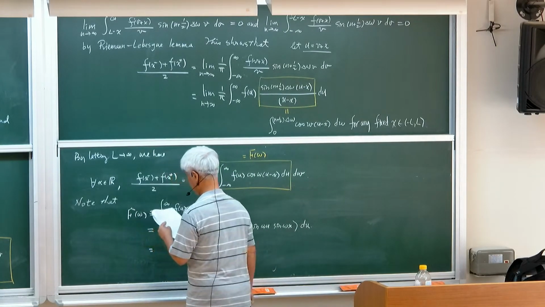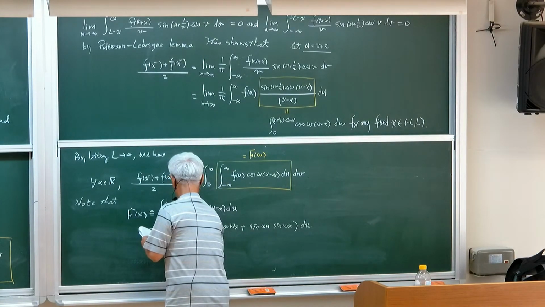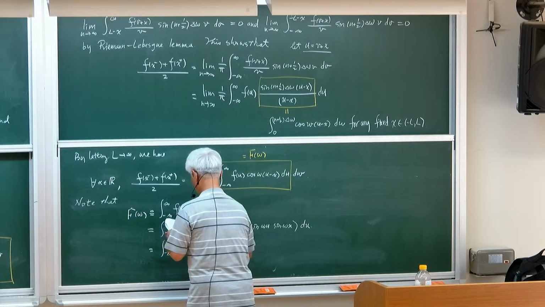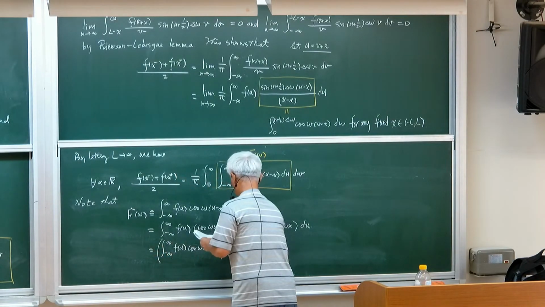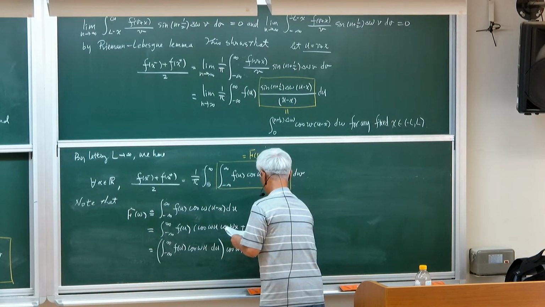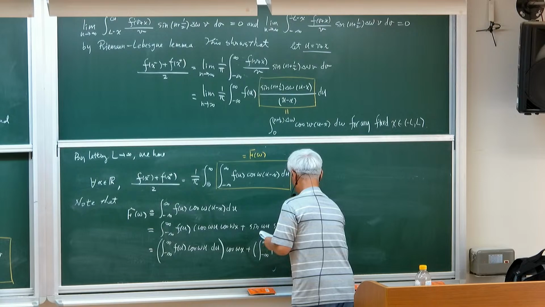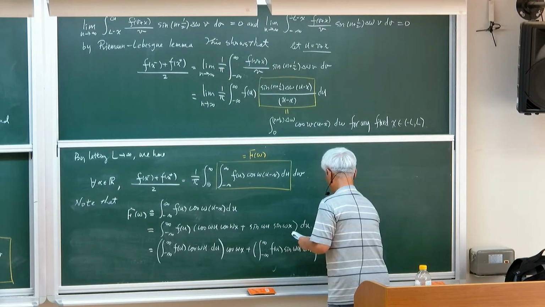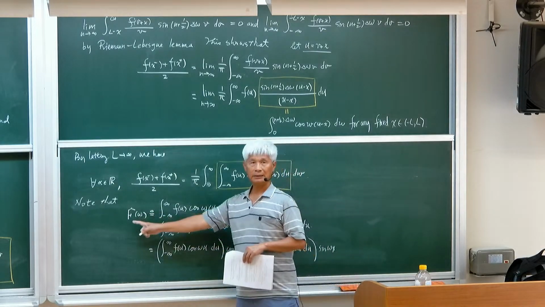And then we can write this as the integral of f of u cosine omega u du, times cosine omega x, plus the integral of f of u sine omega u du, times sine omega x. Okay, so we can split f of omega.